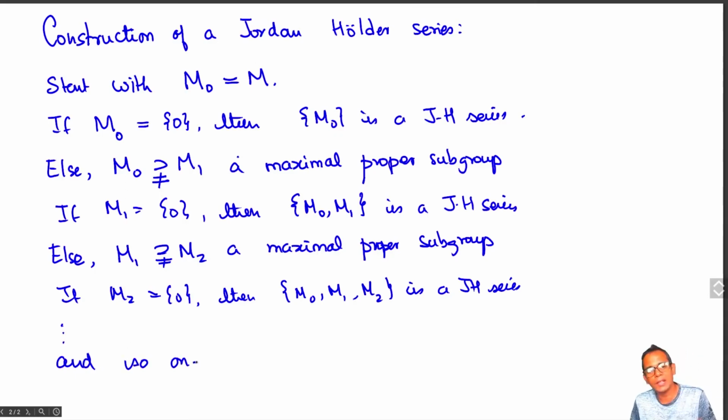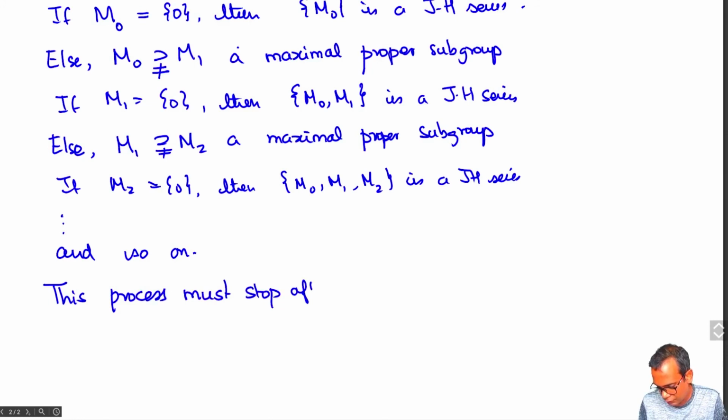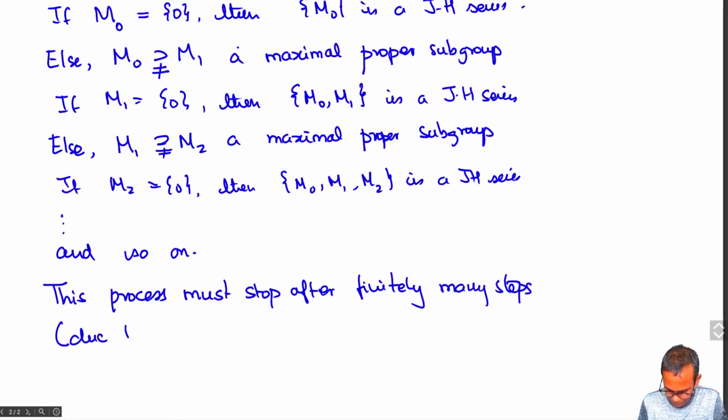Now once again, as we argued before, if this process never stops, then we will have a violation of the descending chain condition. So this process must stop after finitely many steps, due to the descending chain condition.